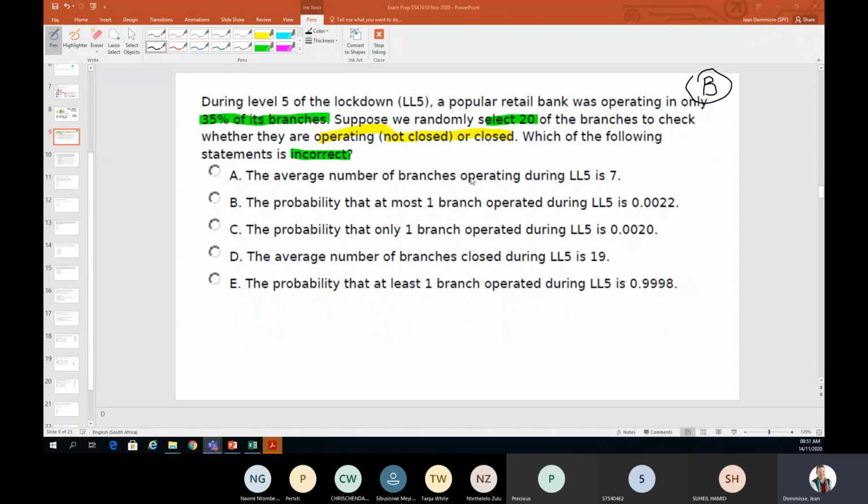So we're working with binomial. We need to get to a binomial where n is 20 and that pi, whatever that sign is, how you call it, is 0.35. I've got my tables with me.